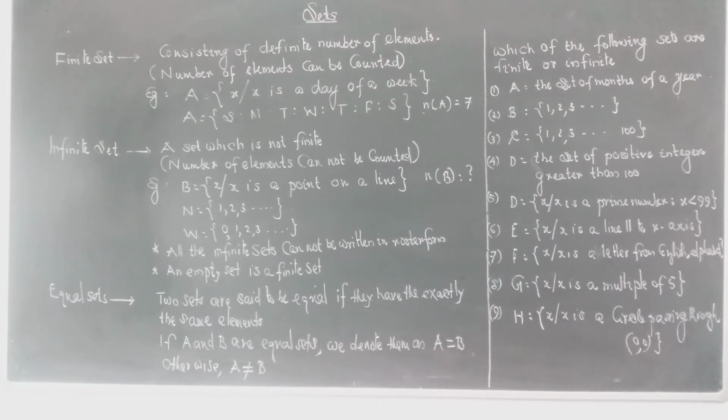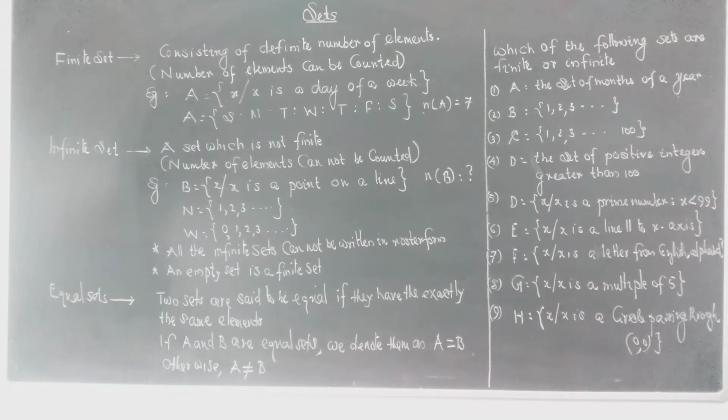There is another example, see, B is equal to set of x such that x is a point on a line. Imagine there is a line being drawn on a surface. When you just draw a line, so many points are needed to create a line. Another question, x is a point on a line. How many points would be there on a line?